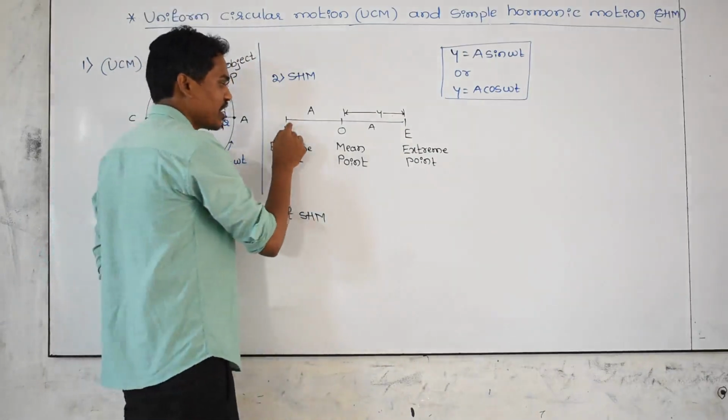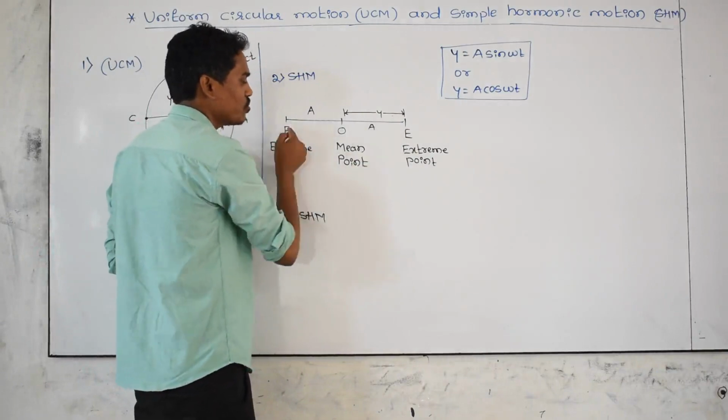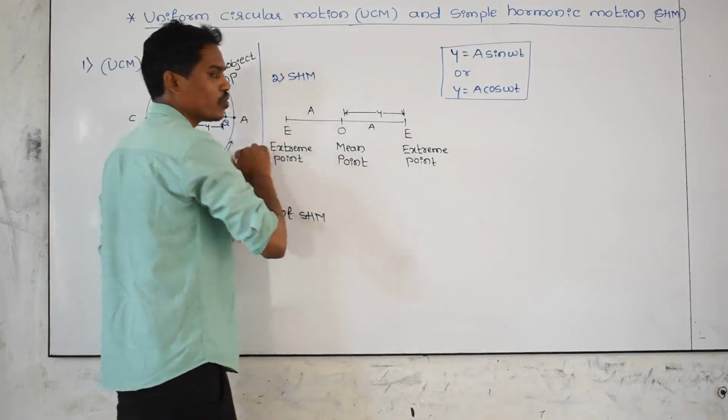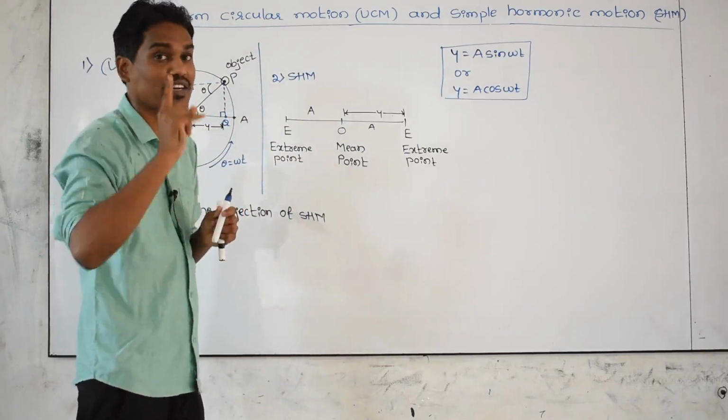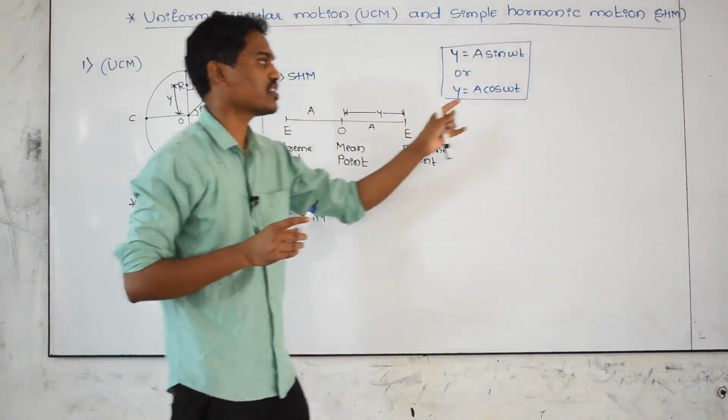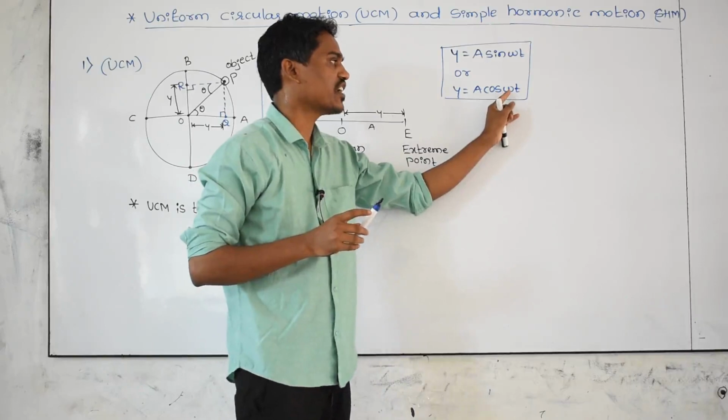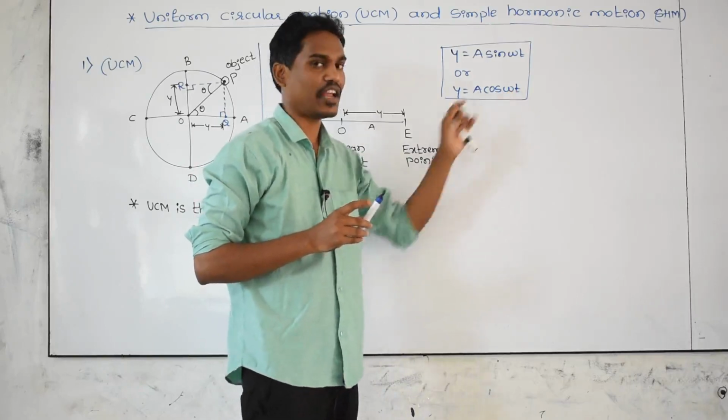What is one complete cycle? This is 1, this is 2, this is 3, this is 4, and so on. The number of complete cycles taken by the object in 1 second of time is called the angular frequency. That angular frequency is indicated as ω, and t is the time.